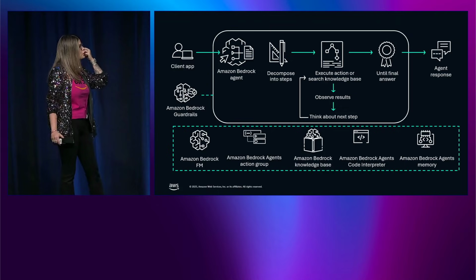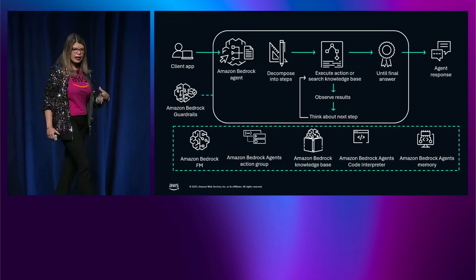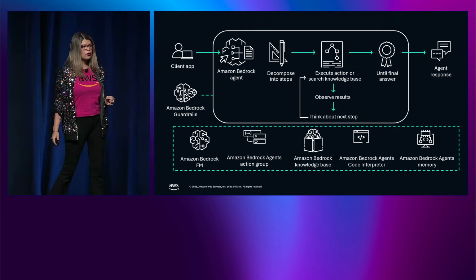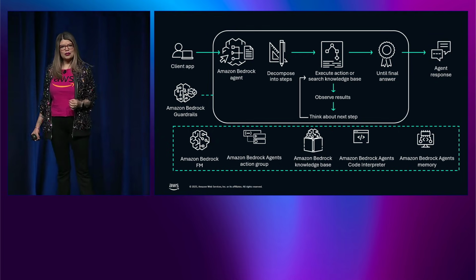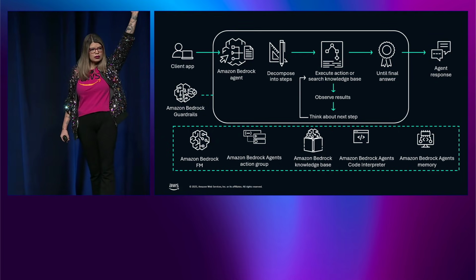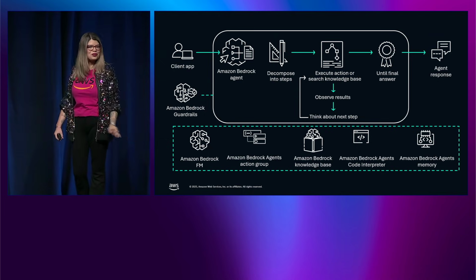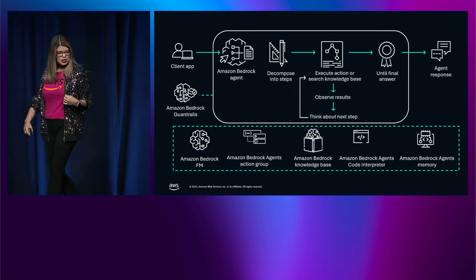Also, we have the knowledge bases to perform the RAG orchestration. I'm not going to detail this because I think that at this point everybody knows. Does everybody know about RAG? Perfect. So retrieve, augment, and generate.